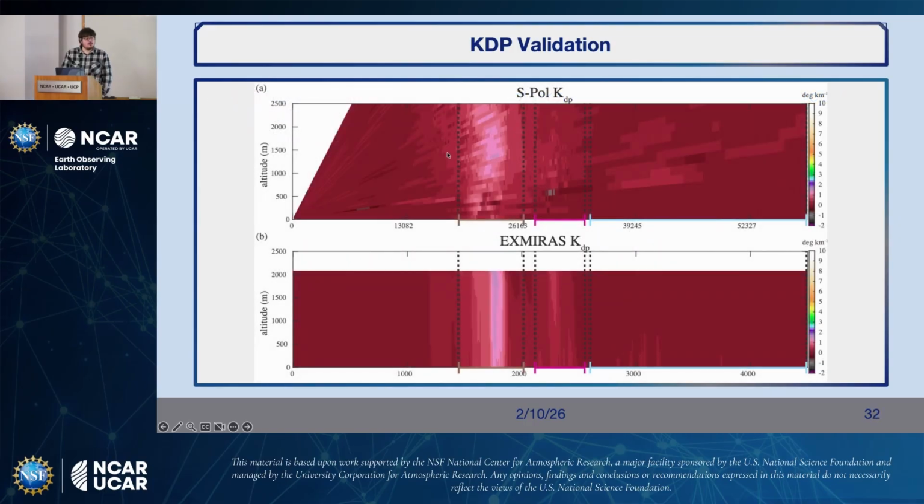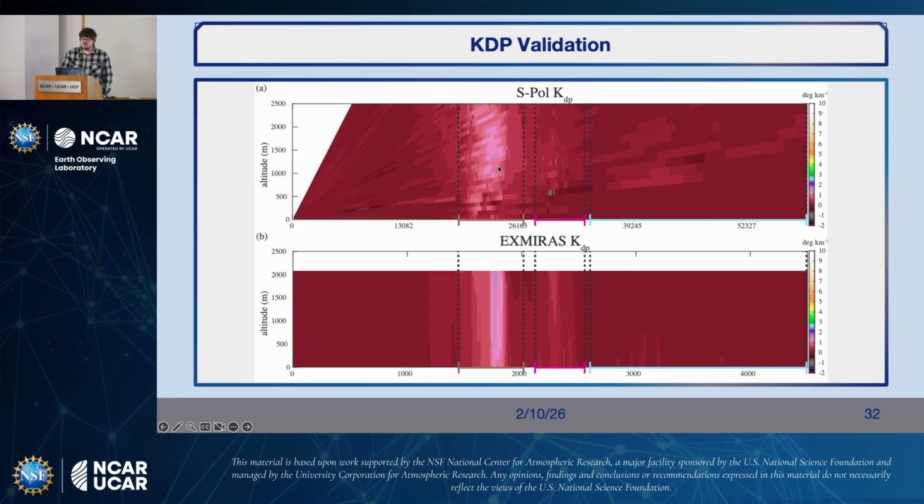And just like before, I have the RHI observations regridded onto the simulation mesh. The specific differential phase is over here, and the results from the simulation are down here. Overall, also seems very close.